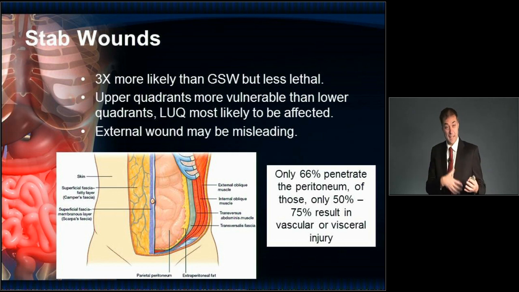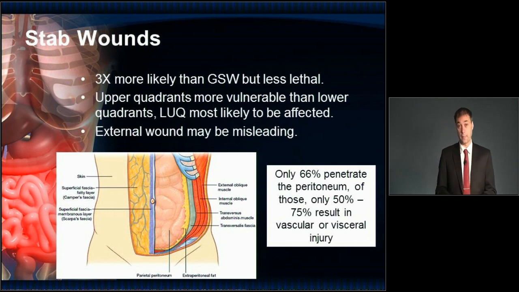And so you can have a nasty external wound but have very little internal trauma. So external wounds associated with trauma can be very misleading, and you never know what's going on underneath. It may not look as bad as it is, or it could look worse than it is, and you just don't know by looking at the wound alone. That's why CT scans and exploration of the wound are so important.